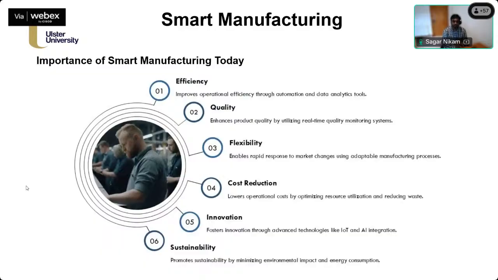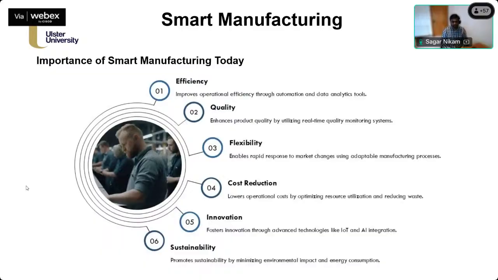Quality is going to get improved, because when you monitor things in real time, you can control the real aspects in real time. Then flexibility: one can manufacture the product according to customers' needs. Then cost reduction. If you're talking about predictive maintenance, or manufacturing to the customer's demand, there will be less operational cost, which could lead to cost reduction.